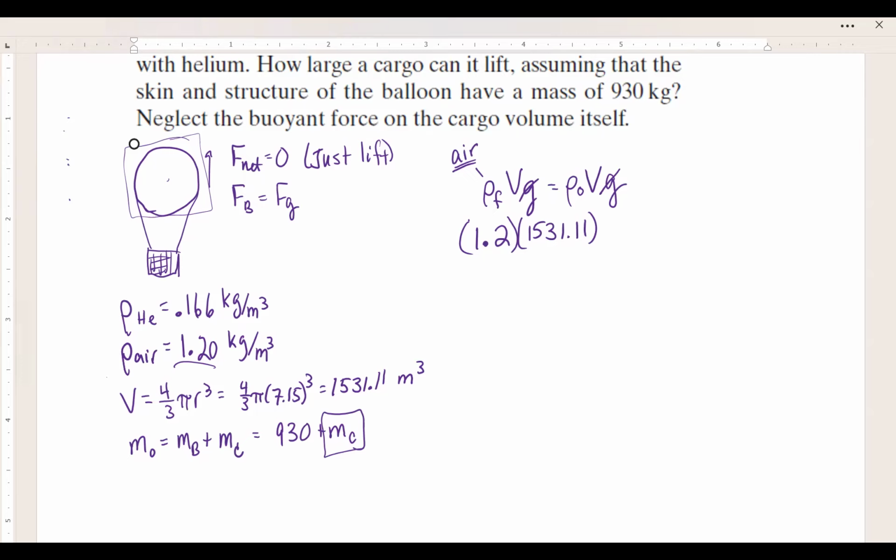Okay. And I get a mass of 1,837.332 kilograms. That's the mass of the air that I displaced by that spherical balloon. We are neglecting the cargo. So that's got to be the mass of my helium plus the mass of the cargo.